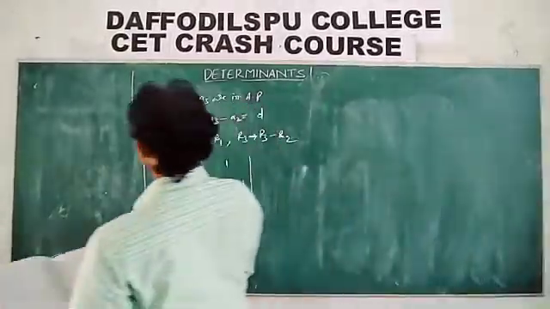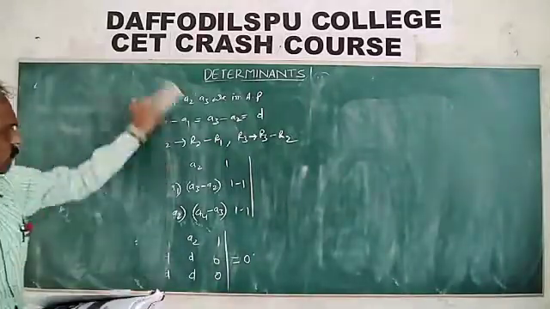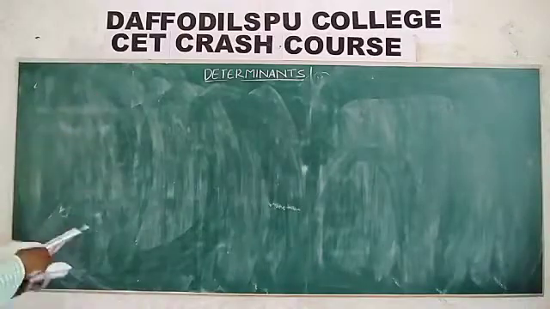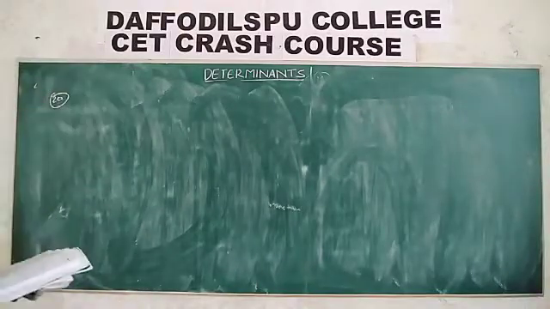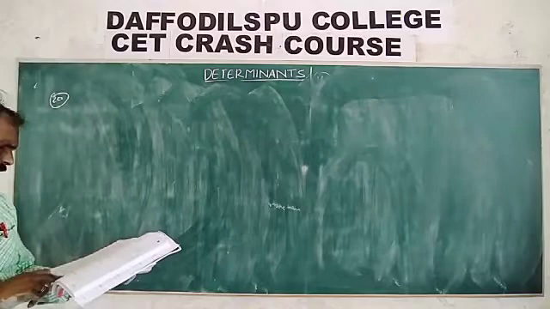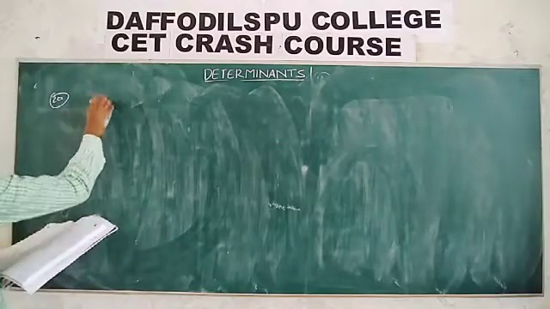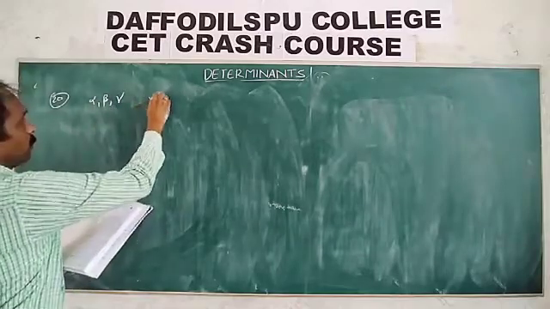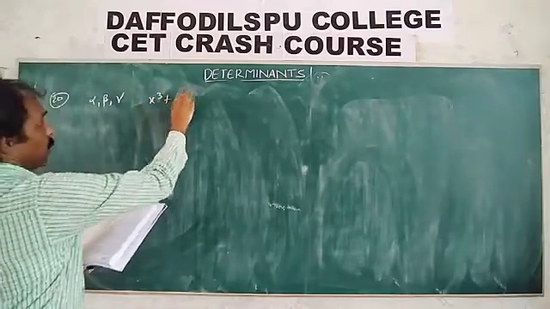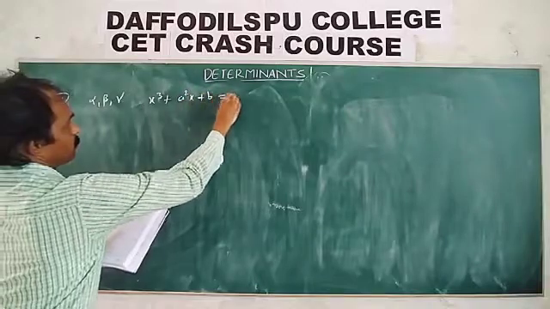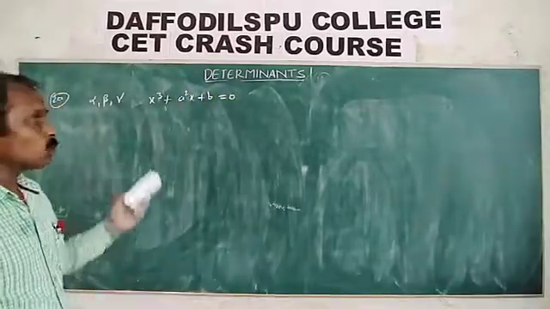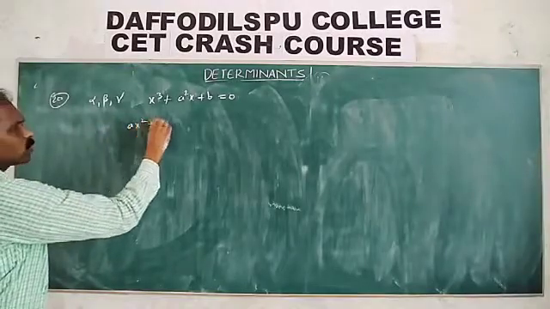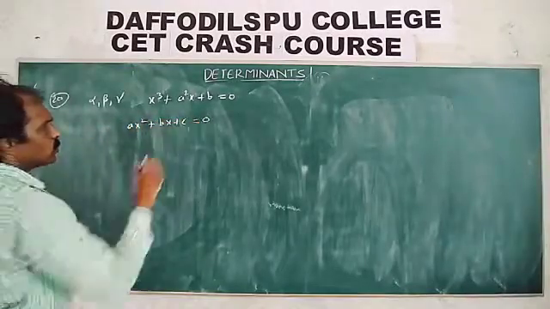Question number 20. Alpha, beta, gamma are the roots of x cube plus a square x plus b equal to 0. We know the quadratic equation ax square plus bx plus c equal to 0.